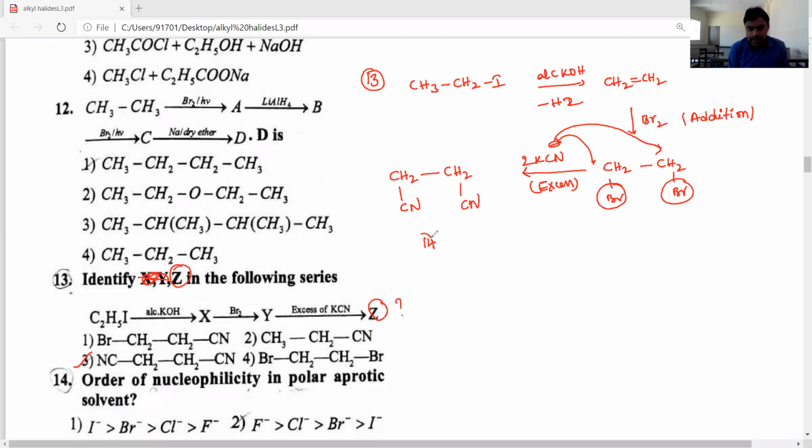Okay, carefully listen to the 14th question. Nucleophilicity order in polar aprotic solvents. Here it is very, very important. Two important points I want to discuss here: the nucleophilicity order for SN1 and SN2 reactions.